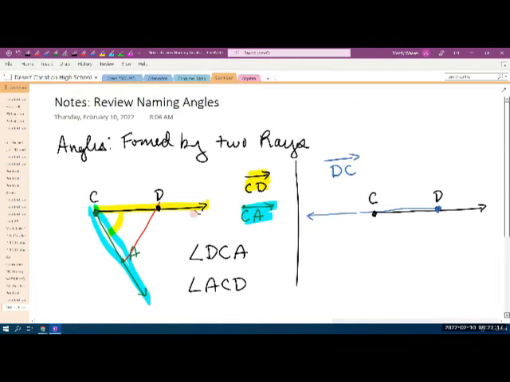If I erase this part and this part, and I only keep this part and this part, I could still name ray CA. It exists even if it's not drawn. It's still coming from a ray where order is important. So this angle right here is DCA or ACD. That middle letter has to be that one. If I were to number these 1, 2, and 3.